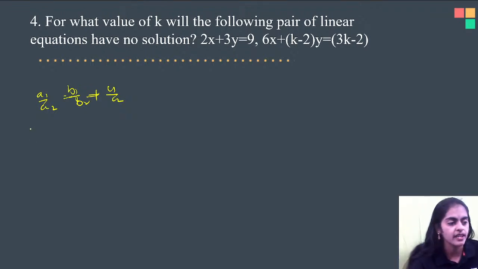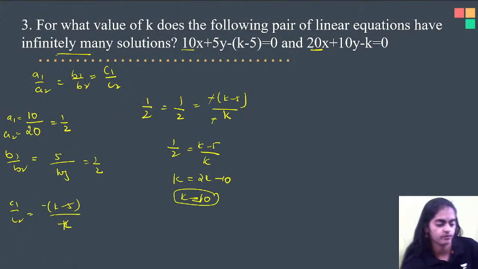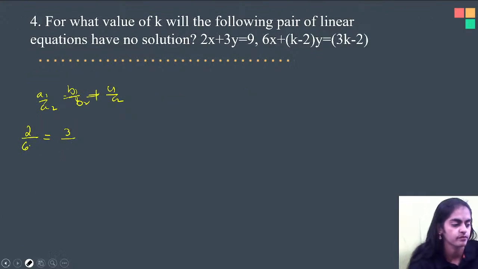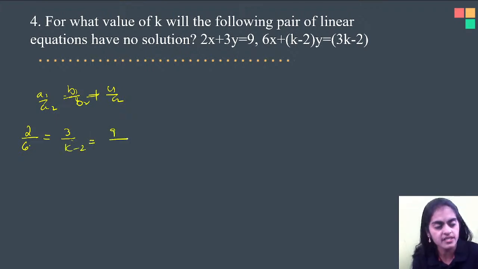So here a1 by a2 is 2 by 6, b1 by b2 is 3 by k minus 2, and c1 by c2 should be 9 upon 3k minus 2.